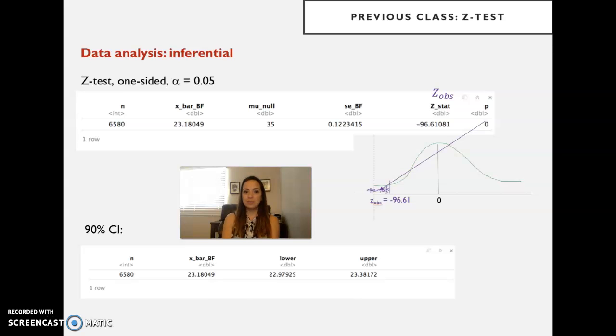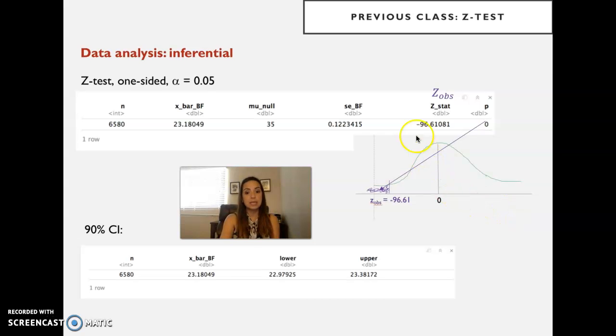So we said we're finalizing here. We said that the p-value is virtually zero, so the probability of observing this mean, assuming that the male population has a mean of 35 and that percentage of body fat is normally distributed, is not very likely.